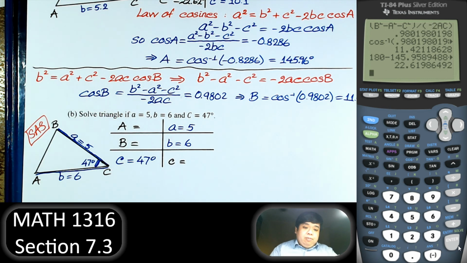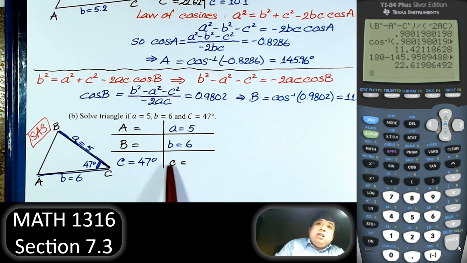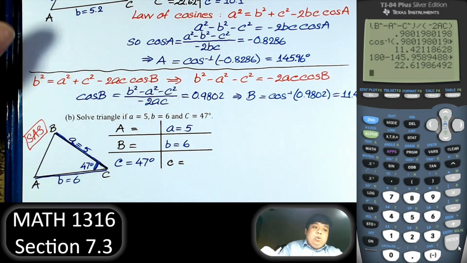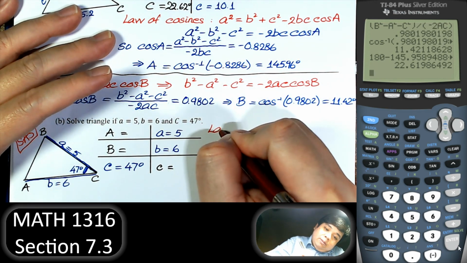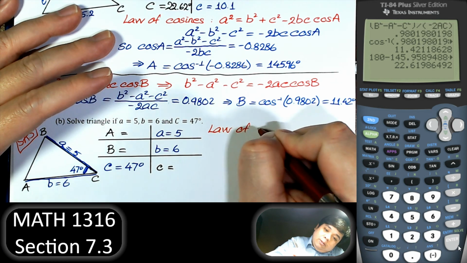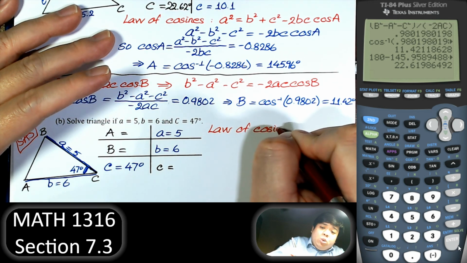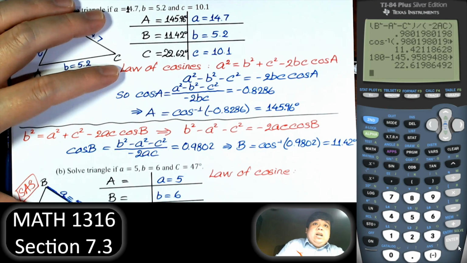Now, since we do not have a pair of opposite side and angle, we don't know c. So in that case, we have to use the law of cosine because we cannot use the law of sine. Of course, there are three forms of the law of cosine, and which one do we use?